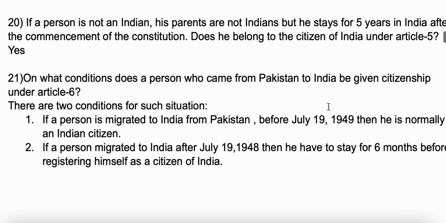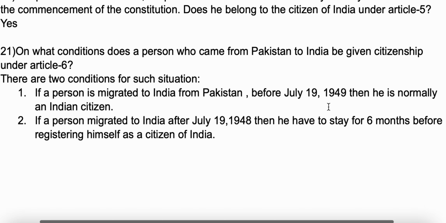21st question, on what conditions is a person who comes from Pakistan to India given citizenship under Article 6? So there are two conditions. When a person comes from Pakistan to India under Article 6, there are two conditions to give citizenship to that person. First, the person should have migrated to India before July 1949.